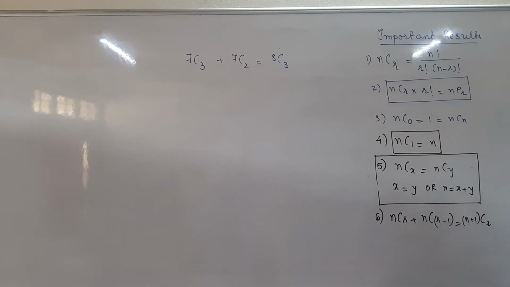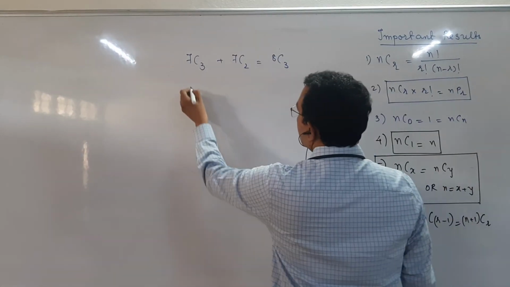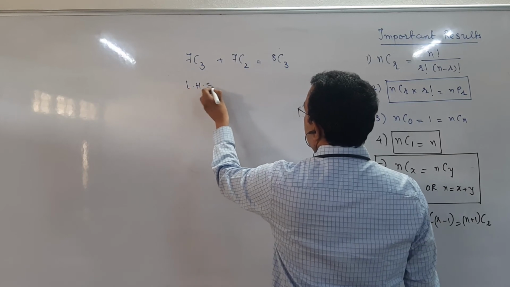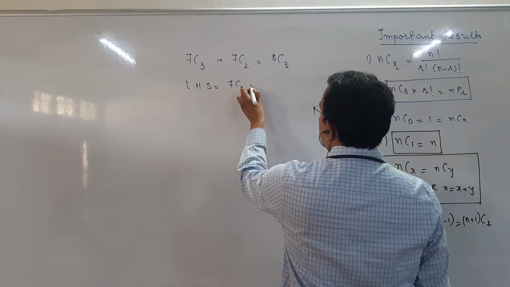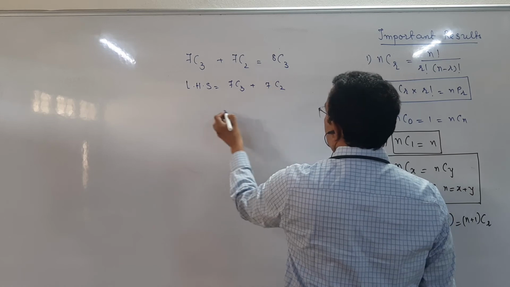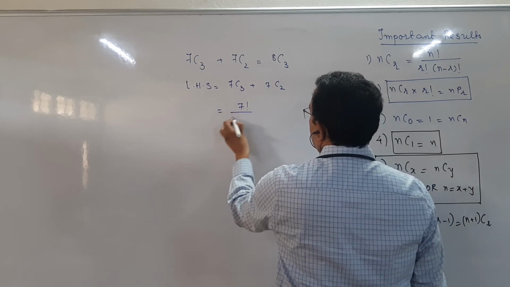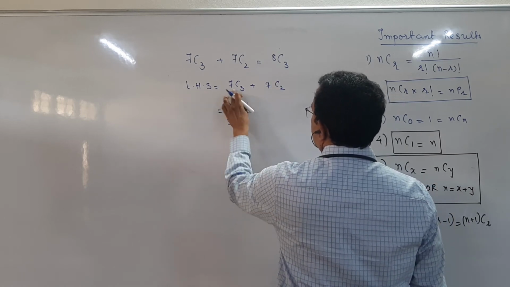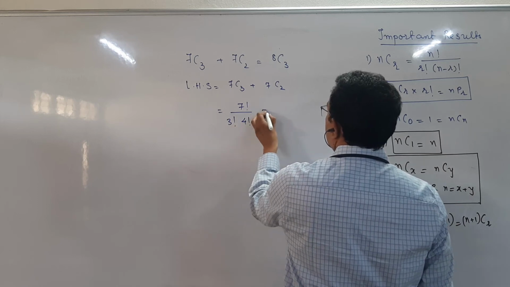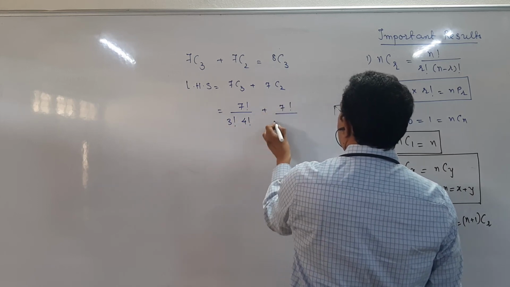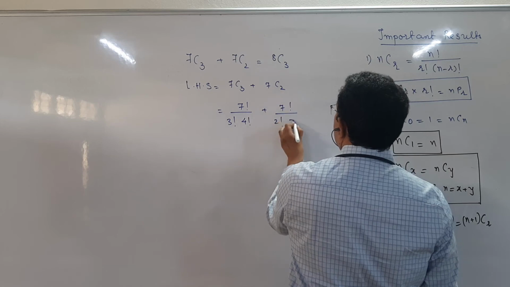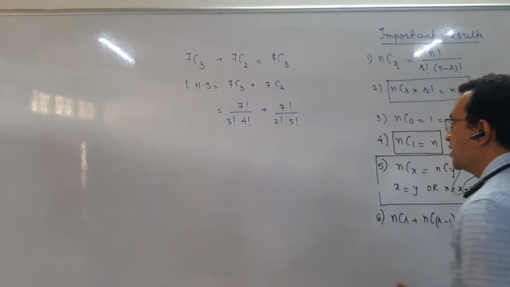Let us simplify the left hand side. So the left hand side is 7C3 plus 7C2. So 7 factorial upon 3 factorial, 7 minus 3, 4 factorial. And plus 7 factorial upon 2 factorial, 7 minus 2, 5 factorial.